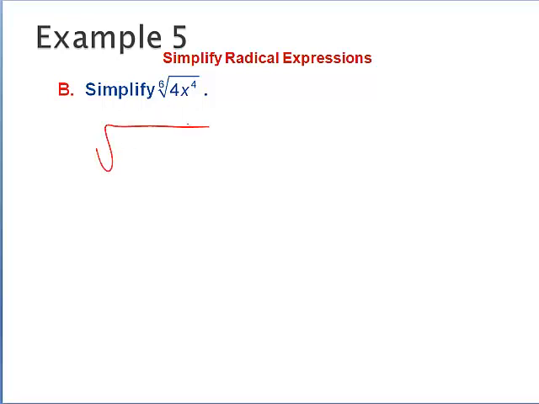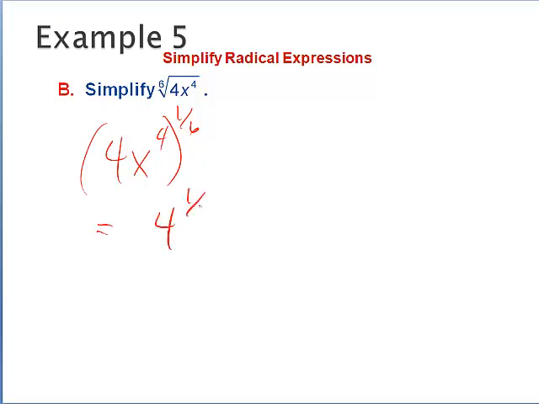Okay, so I'm going to change this. So I changed it to a rational. Then I can multiply this through. So I get 4 to the 1/6 and x to the 2/3, because I multiply those. That gives me 4 over 6, which is the same as 2 over 3.